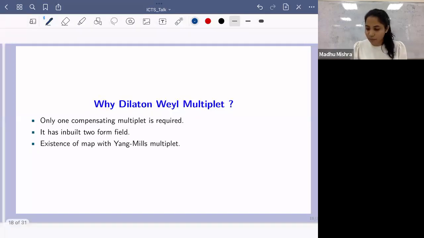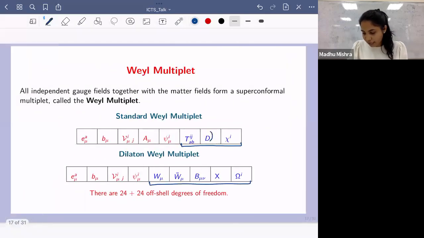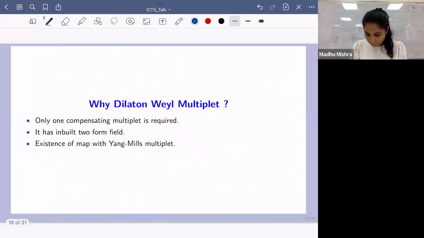However, in the standard Weyl multiplet, because of the presence of this field, this will appear in the action as a Lagrange multiplier, and to get rid of this field, we'll have to use another compensating multiplet. So in the standard Weyl multiplet, if you start with superconformal theory, we will have to use two compensating multiplets to go from conformal to Poincare. However, in the dilaton Weyl multiplet, only one compensating multiplet is required.